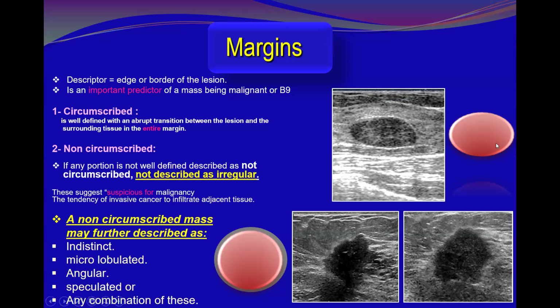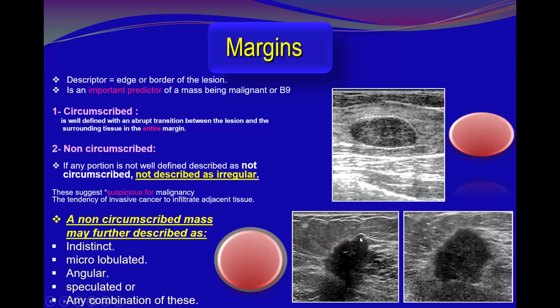And if we look here at these illustrations, abrupt is well defined. You see, throughout from the surrounding tissue, there is a well-defined margin, an abrupt transition between the margin of the mass and the surrounding tissue, as you have seen here in this fibroadenoma.